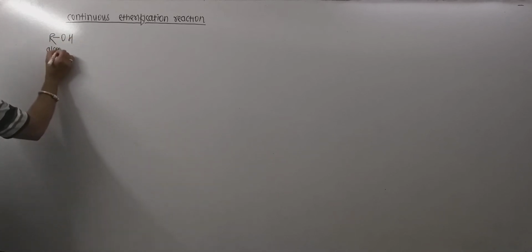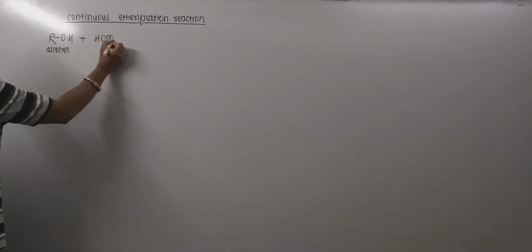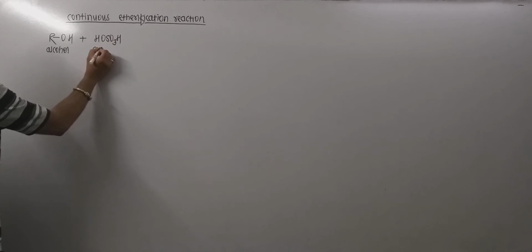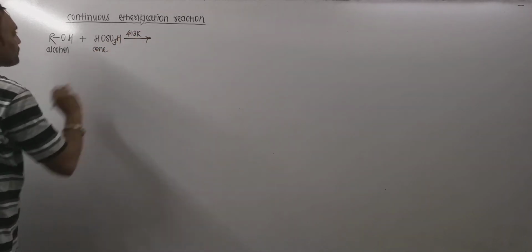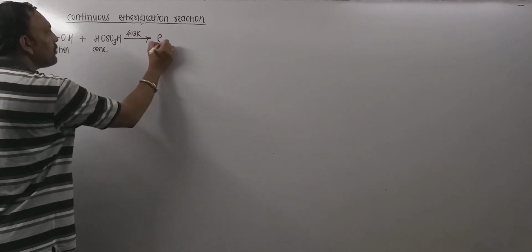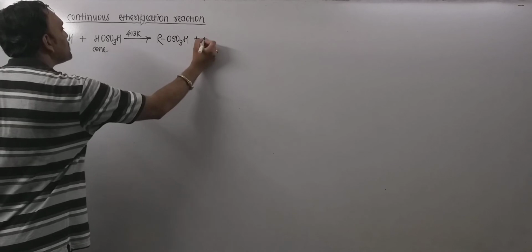Now the general representation of alcohol is ROH. When alcohol is treated with concentrated H2SO4 at about 413 Kelvin, in the very first step alkyl hydrogen sulfate is obtained.